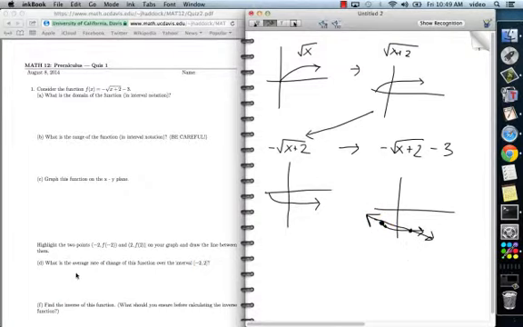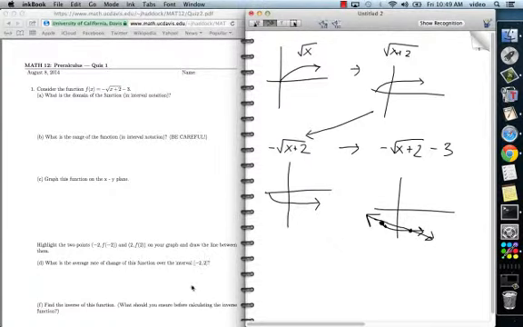Okay, and then part D, this is kind of just a hint for part D. Part D asks, what is the average rate of change of this function over the interval -2 to 2? Now the average rate of change of a function over some interval is just the slope of the line between the points A, f of A, and B, f of B. Now here our A is -2 and our B is 2.